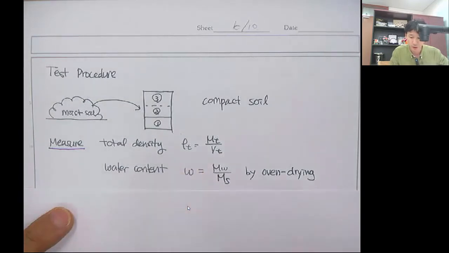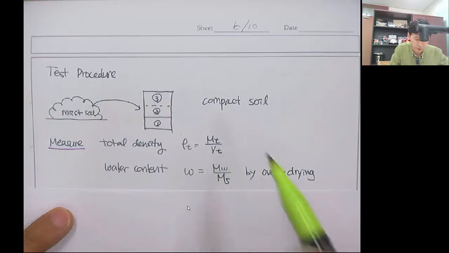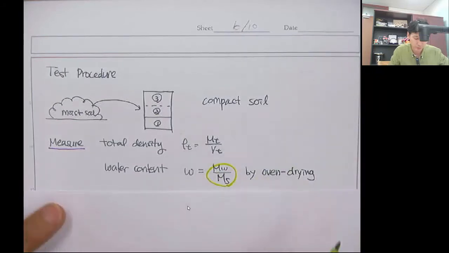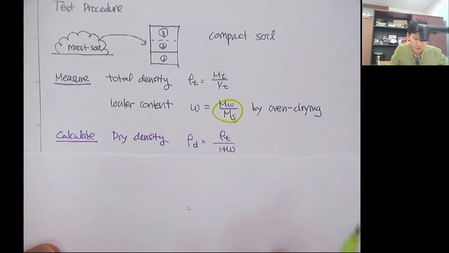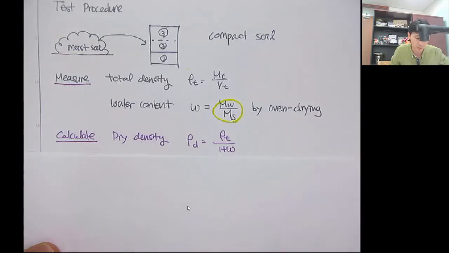So rho_T is the total mass over the total volume, and you also measure the water content by sampling the soil and oven drying. The water content will be the mass of water divided by the solid mass. And you calculate the dry mass. When you calculate the dry mass, you use this equation: the total mass divided by 1 plus w will give you the dry mass.